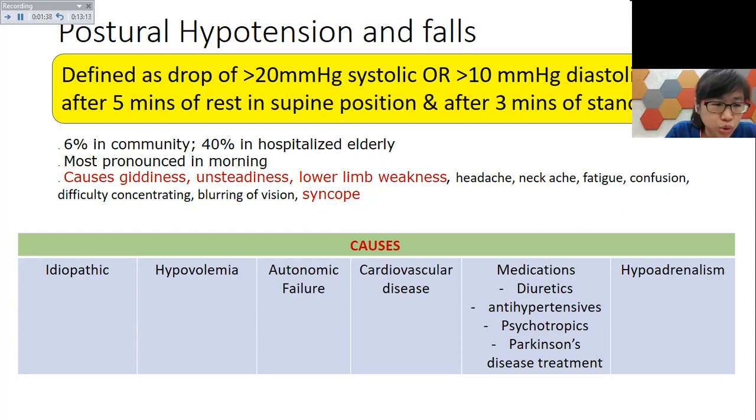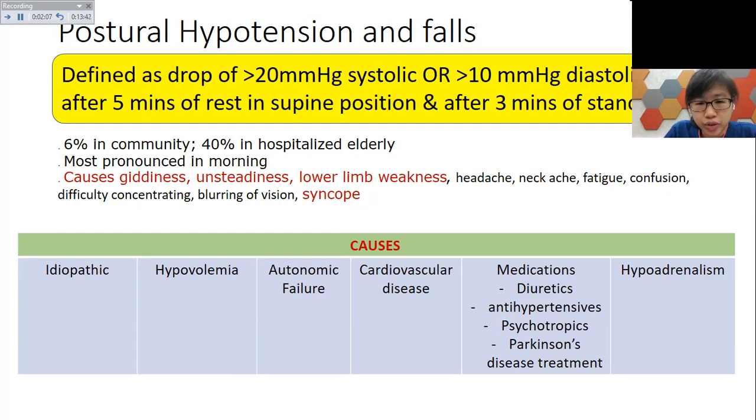Neurogenic causes will be that of autonomic failure, and the non-neurogenic causes will be hypovolemia, cardiovascular disease, medications, and hypoadrenalism. At times, even despite optimizing all these, it may be an idiopathic cause that we can't identify. Hence, it's important to look through all these causes and optimize them to prevent postural hypotension.